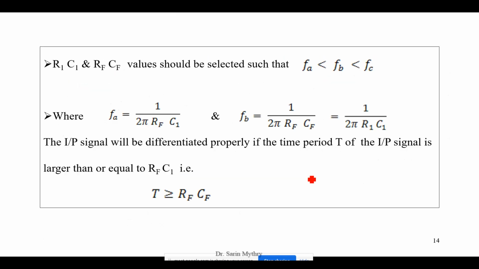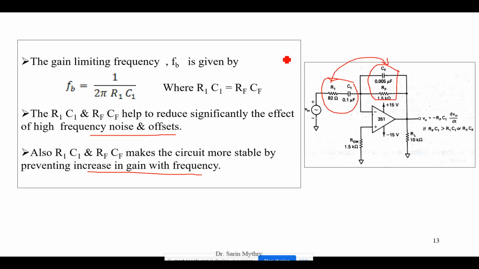So for that, the values will be selected for this band. FA is equal to 1 by 2 pi RF C1, FB is equal to 1 by 2 pi RF CF, and that is equal to 1 by 2 pi R1 C1. Why is RF into CF going to become R1 into C1? Because I have told that whenever this combination is equal, we are going to get this particular problem solved.